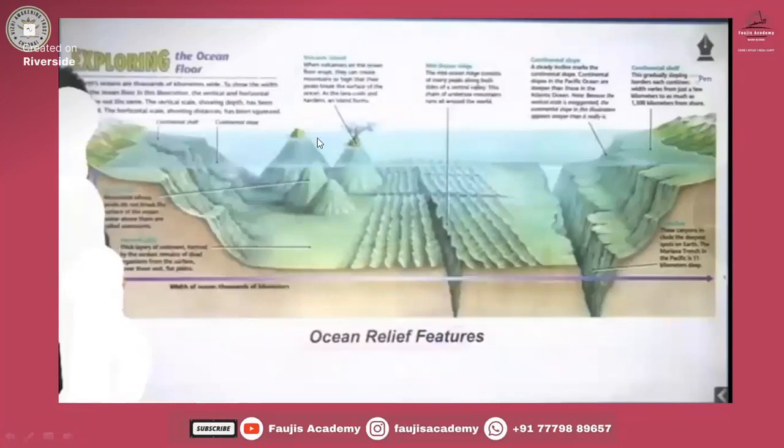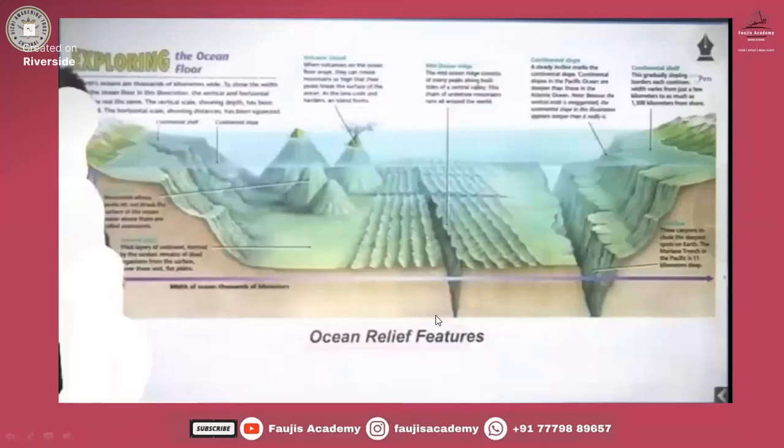And in this part we have the island, then the sea mounds, then the guyots. So these are the different relief features of the oceans. So that's all for the different relief features of the ocean.